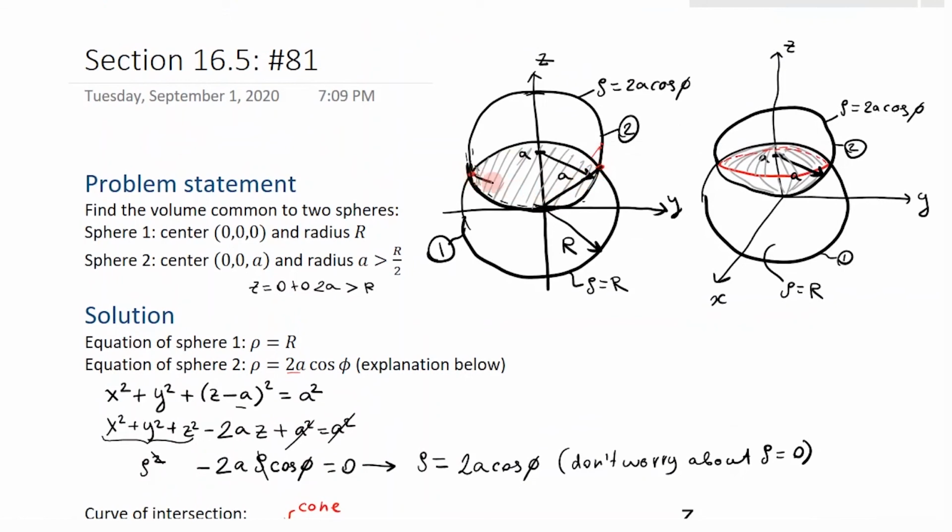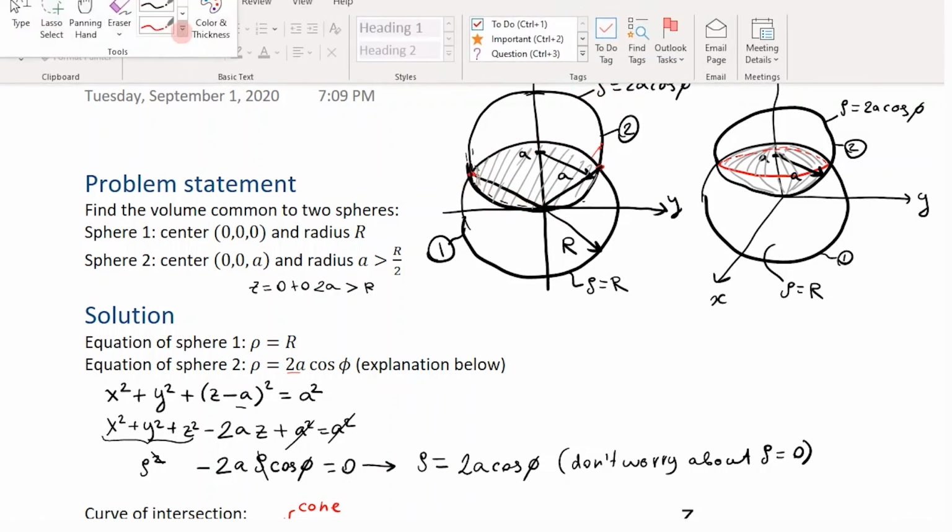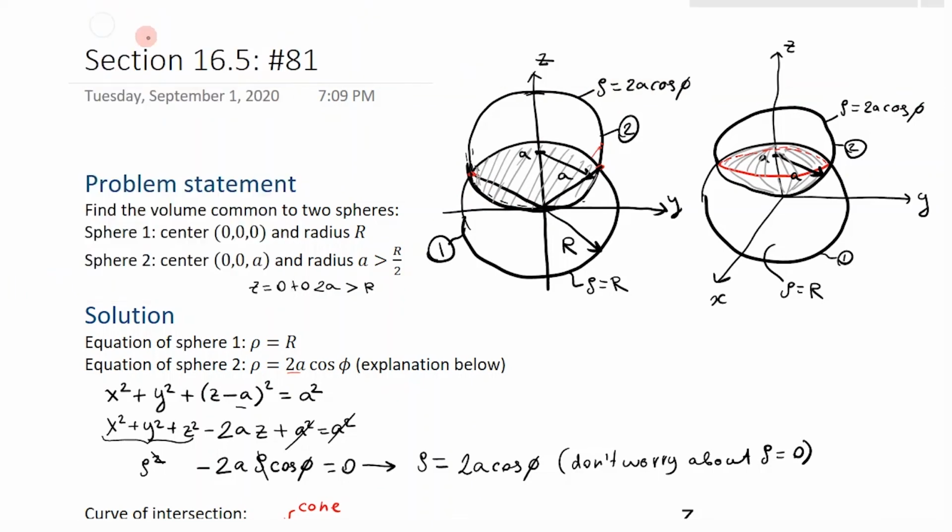The first region of interest is the one where I'm integrating up to rho equals r, and the second region of interest is where I'm integrating up to this function. So I'm going to highlight them in different colors. I'm going to use blue for this one.